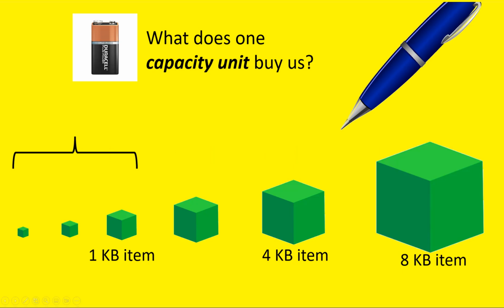That's very simple. But if you have to write 10 items per second, each item actually being 2 kilobytes, so these are quite hefty items, then you'd need how many capacity units? So you want to do 10 items per second, each is 2 kilobytes, you'd actually need 20 capacity units.